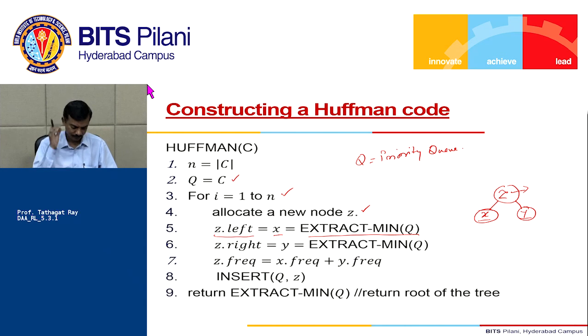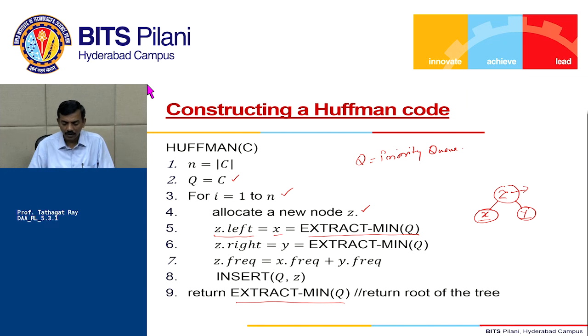You do it n times, and at the end you return the extract minimum of the queue. That means you extract the minimum of whatever is left in the queue, which is nothing but the root of your tree.